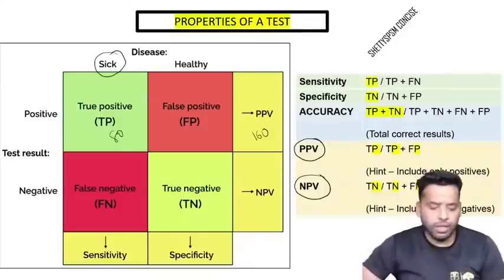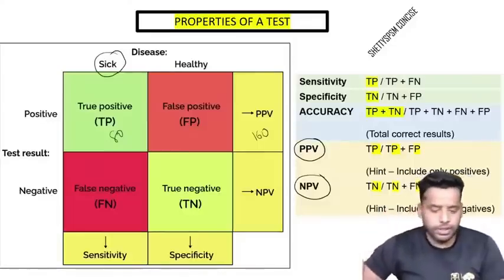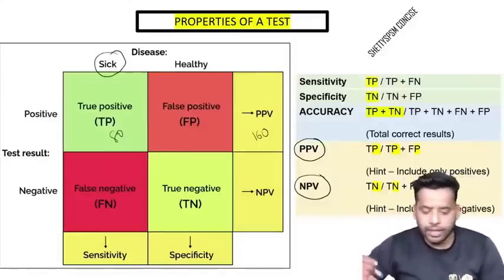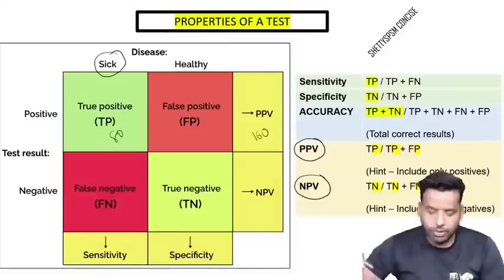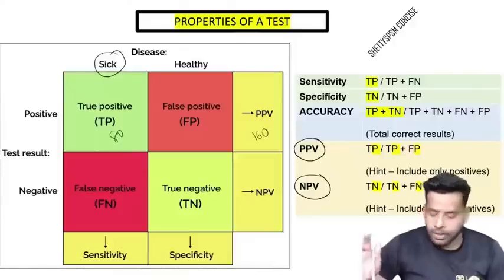You can fill any number and discuss, there is nothing in this, just an example. Out of 160 test positives, 80 are having disease. The positive predictive value of this test is very low, around 50%.